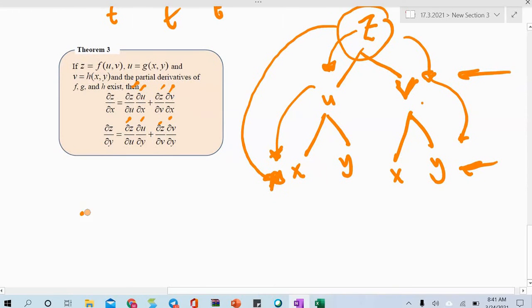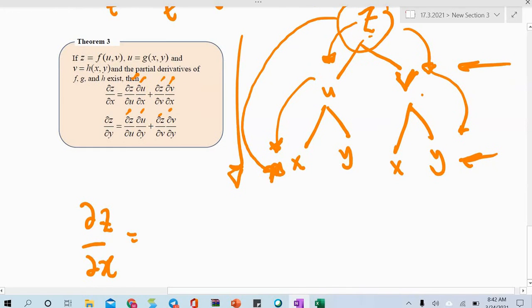So to find del Z del X, to reach here, you have to cross the intermediate section.